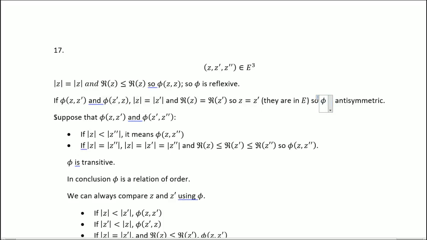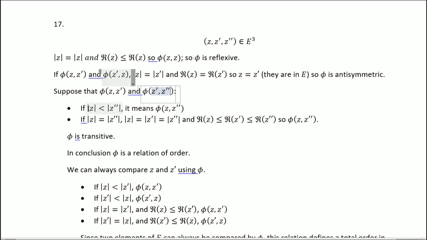So then we suppose that we have this and this: phi of z z prime and phi of z prime z second. So if we have modulus of z inferior to modulus of z prime, it means that we have this in all cases, and we have the equality of the modulus.